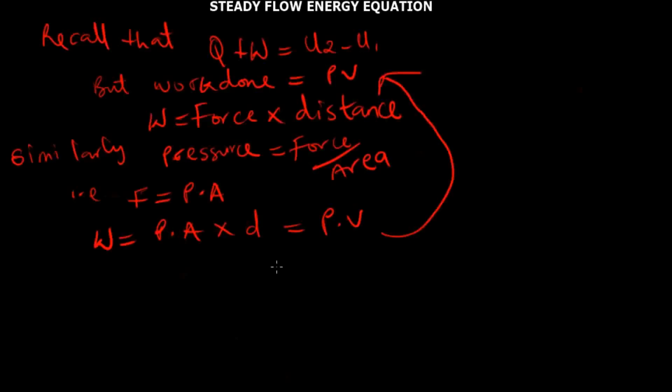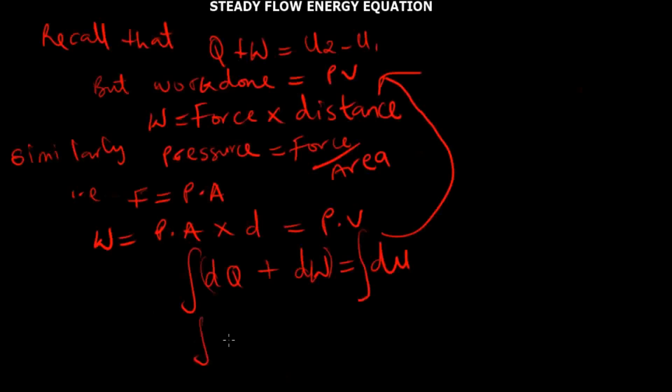So now recall from this equation that dQ plus dW is equal to dU. Now integrating this, we have the integral of dQ plus the integral of dW is equal to the integral of dU.